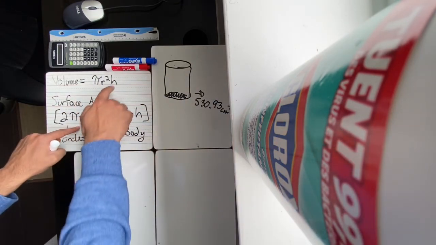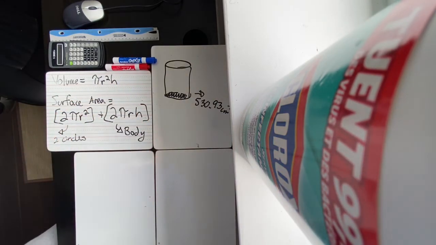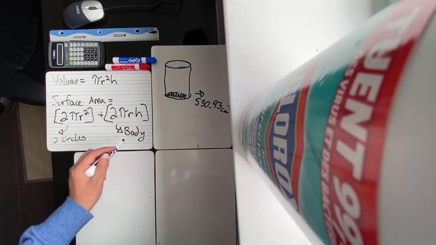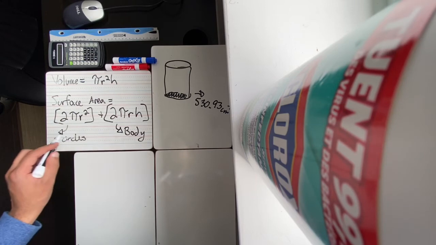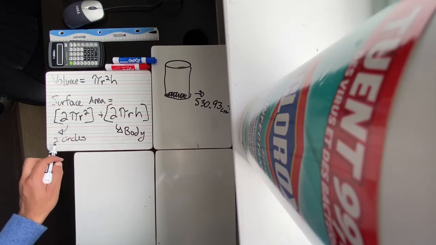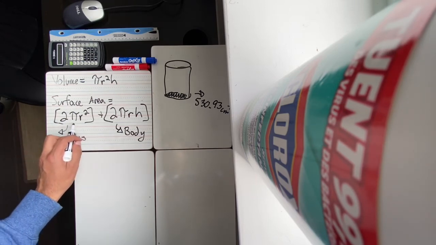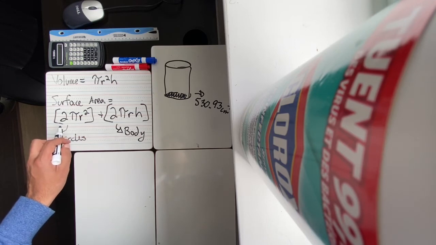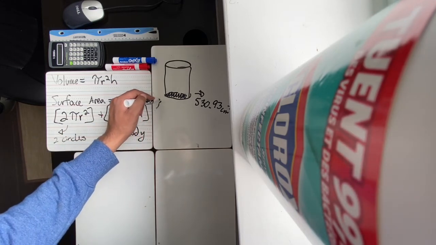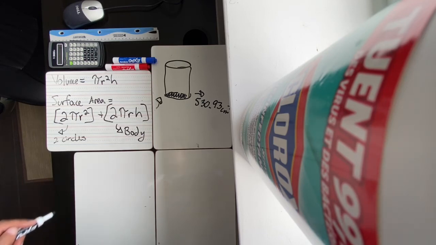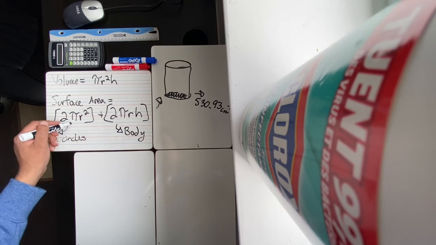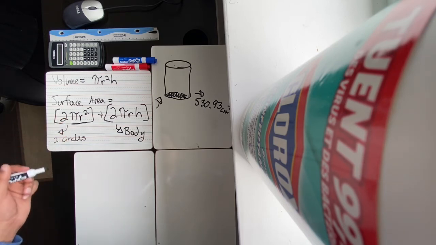So which of these formulas do you think I'll use for this one? We're not concerned about the body. We're not given volume, so we won't worry about that. This part here tells us that 2 circles is equal to pi r squared times 2. We only want to know about one of these circles. You also know that the area of a circle, that formula is pi r squared. So that's just what we're going to use. We're going to use pi r squared for this one.